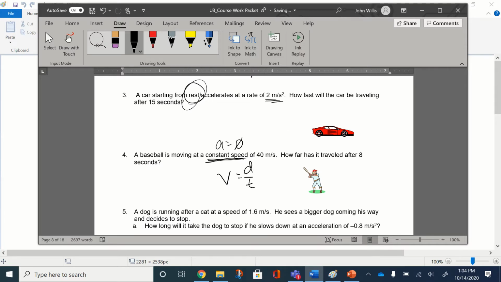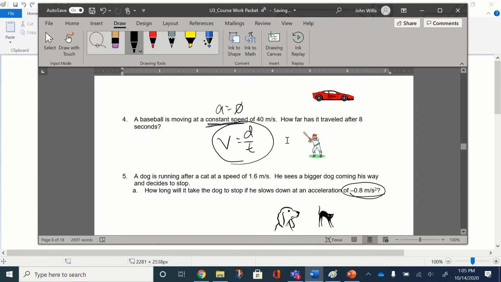If your acceleration is anything other than 0, like in number 5 or in number 3, you cannot use v equals d over t because it doesn't take into account the fact that you now have 2 different velocities, and it doesn't take into account any version of acceleration for that matter. So we cannot use that equation anymore.